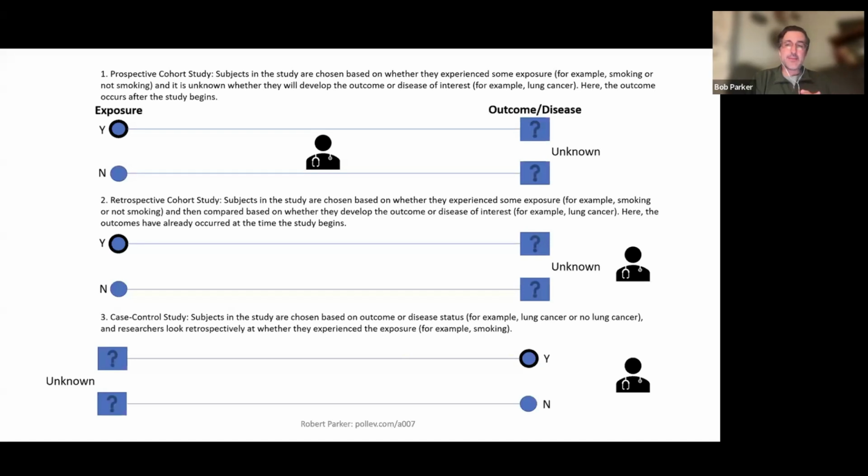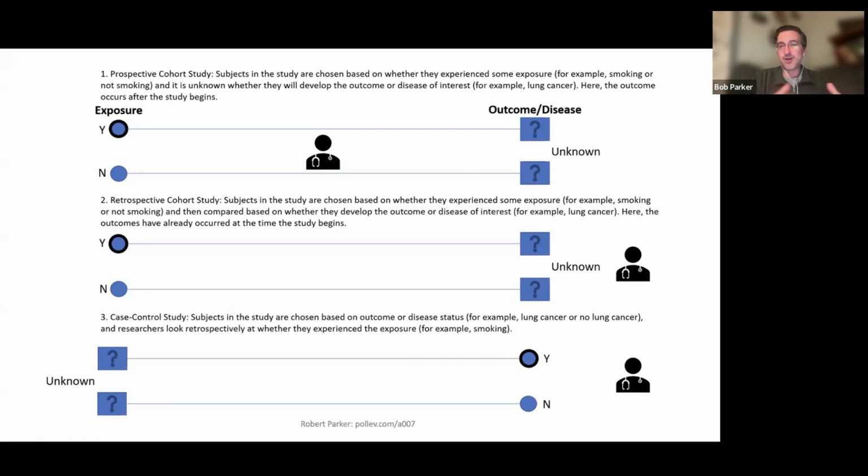So in our example of breast biopsy, the exposure was undergoing a biopsy with ultrasound guidance or palpation alone. And then we, the investigators, follow over time to see whether or not a hematoma develops, right?